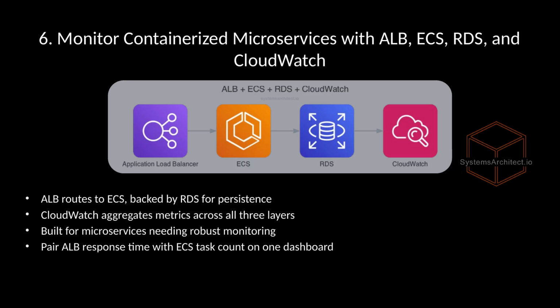That combined visibility lets a team catch a slow query or a failing task before it becomes an incident, rather than reconstructing it after the fact. It suits microservices where containers, data, and scaling all move independently. A useful tip is one CloudWatch dashboard pairing ELB response time with ECS task count.